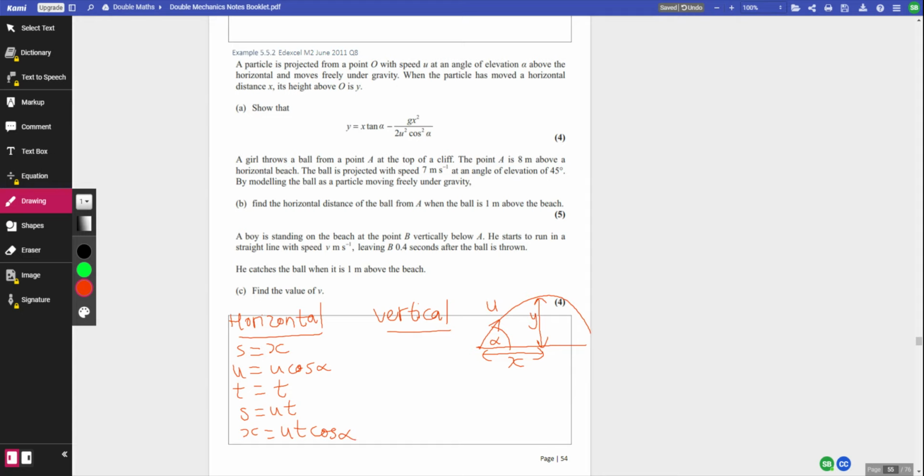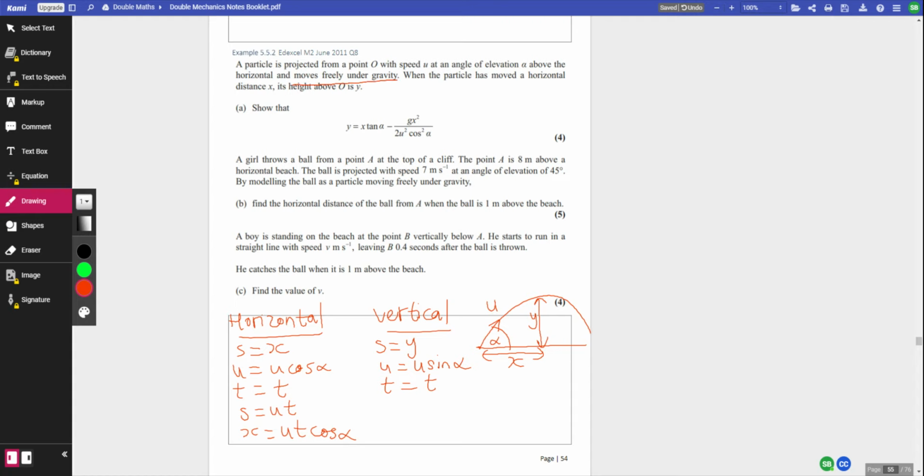And if we consider a similar thing for vertical motion, vertical displacement is y, because that's how high it is above O. And initial velocity vertically is u sine alpha. The time is still some general time t. But vertically, we're told in the question that this particle moves freely under gravity.